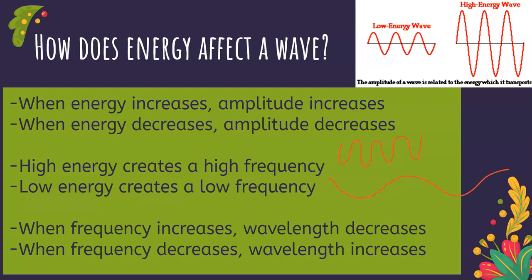So if it's high frequency, here's the wavelength. This is one wavelength, whereas this is one wavelength. So the one at top has a high frequency and a small wavelength. This one has a low frequency and a very long wavelength. They're opposites.